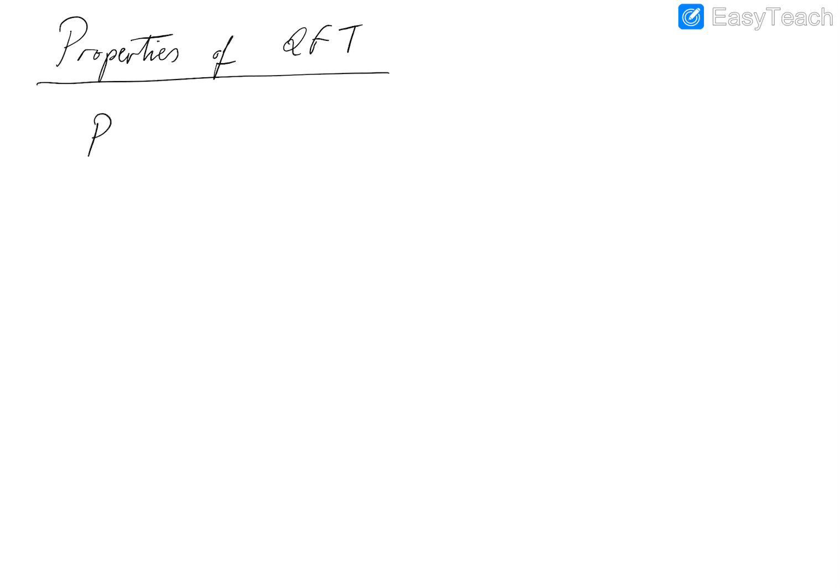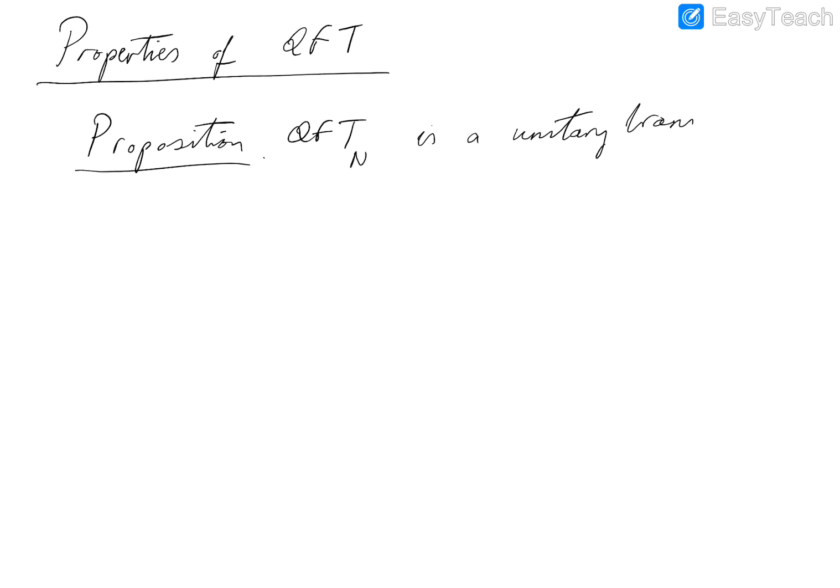Okay, so let me first state that QFT of dimension n is a unitary transformation. I'm not going to write the proof here. The proof is in the lecture notes.